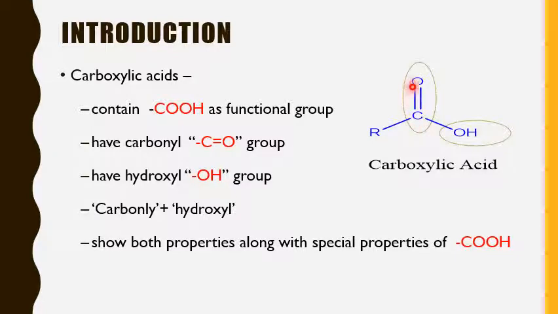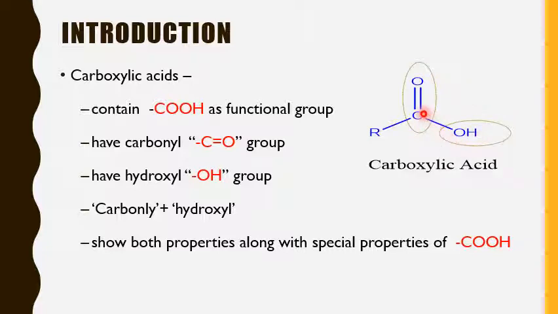The carbon of the carbonyl group is directly attached to the carbon of the hydrocarbon, and this carbonyl group is also extended with a hydroxyl group, which is OH. So it completes CO and OH, and together this is called the carboxylic acid functional group.